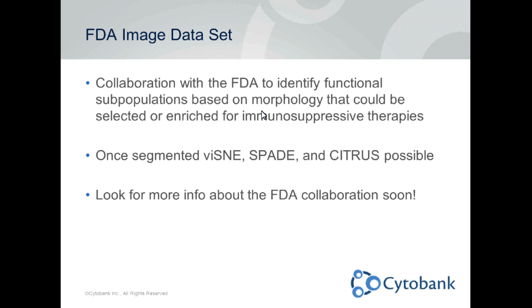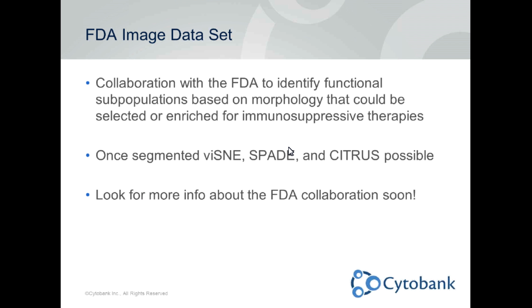We don't do segmenting. There's a lot of other people out there who are really good at it, using lots of different software packages, and that's not something we're getting into. So once you have segmented data, you can upload it to Cytobank and then run our algorithms on it. And that's what we're doing here with the FDA.